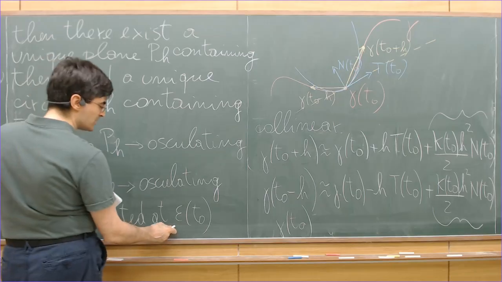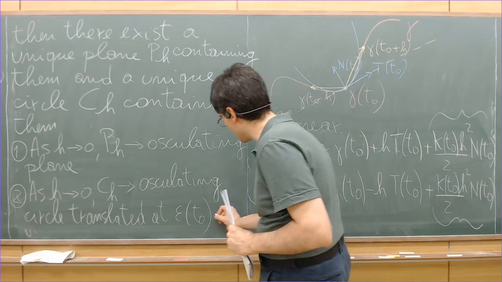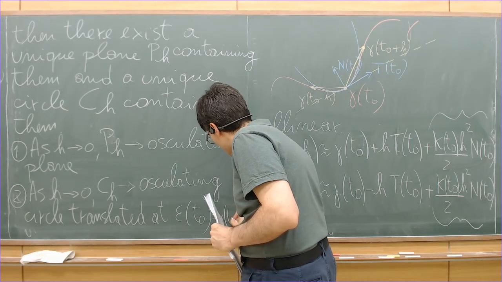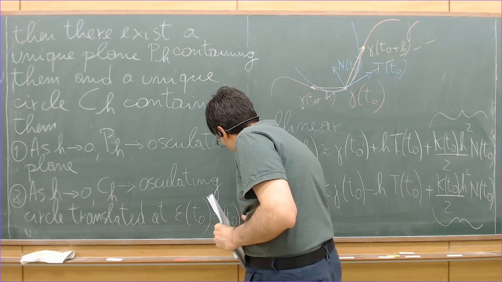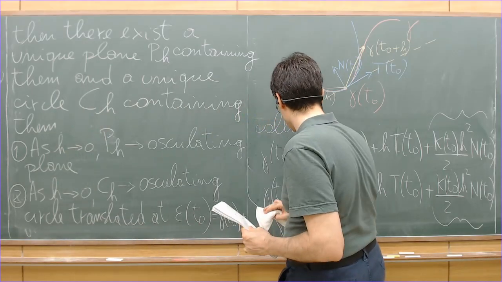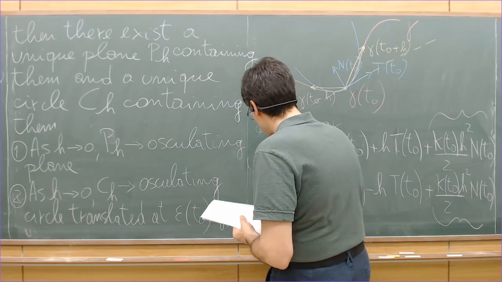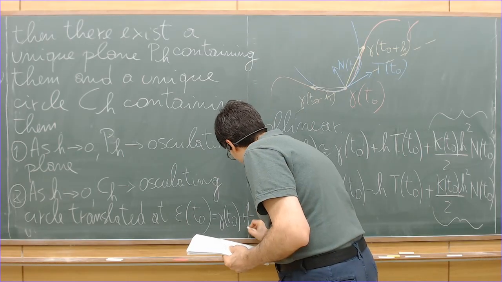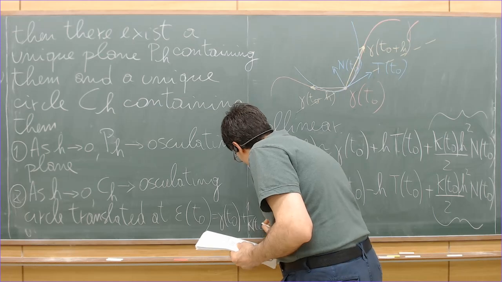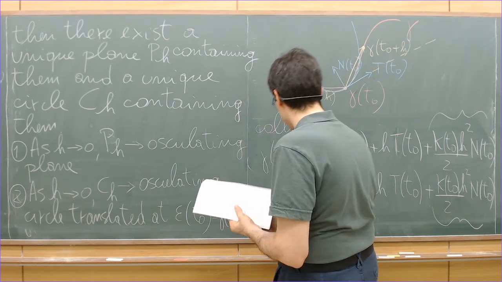Epsilon t0 is the vector I described before, and it is gamma t0 plus one over k t0 times n t0.